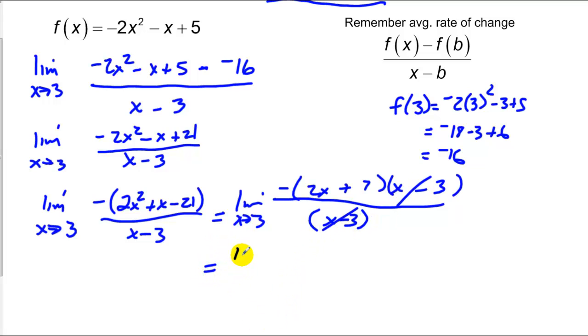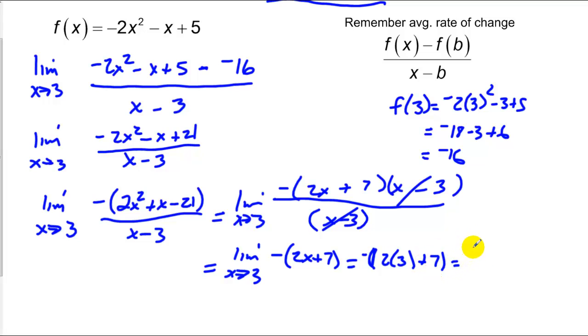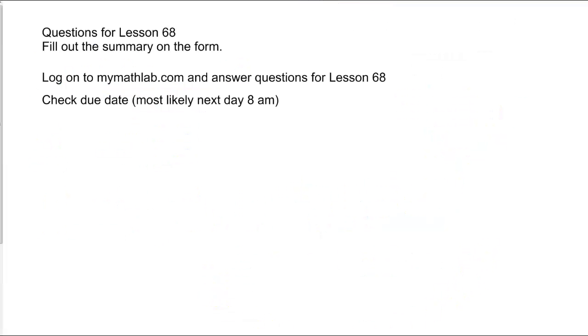So I have the limit as x goes to 3 of negative 2x plus 7, which is just the negative of 2 times 3 plus 7, or negative 1.